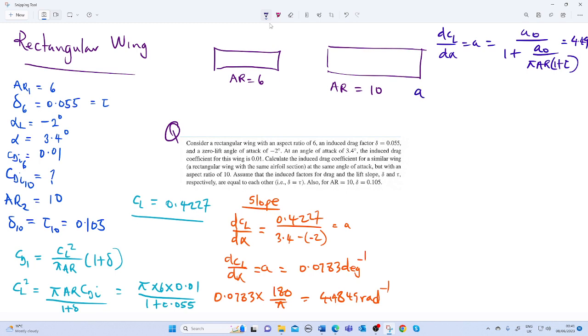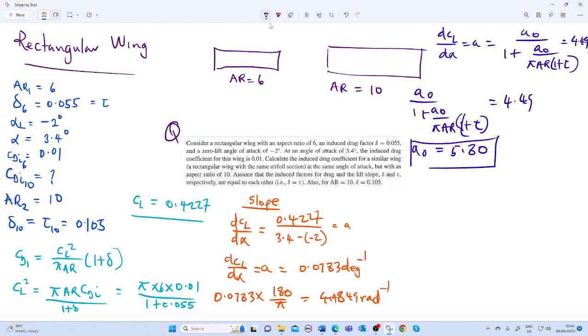So A0 over 1 plus A0 over pi AR times 1 plus tau equals 4.49. From here we can deduce A0. So A0 becomes 5.80, calculated from the equation here.